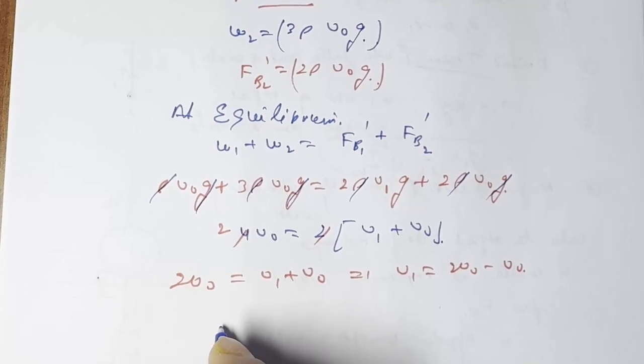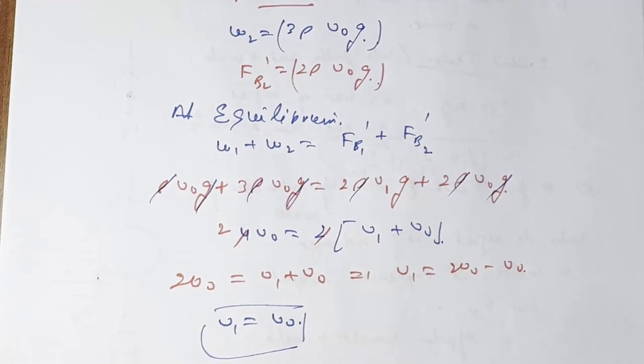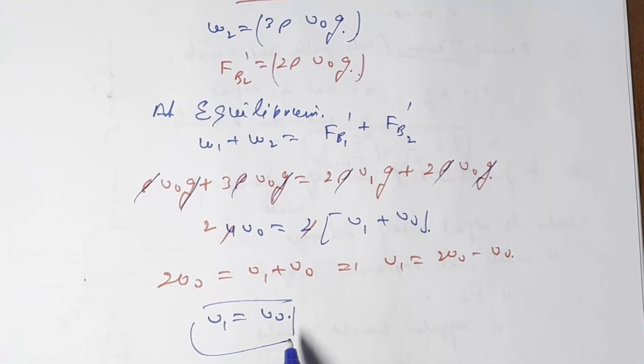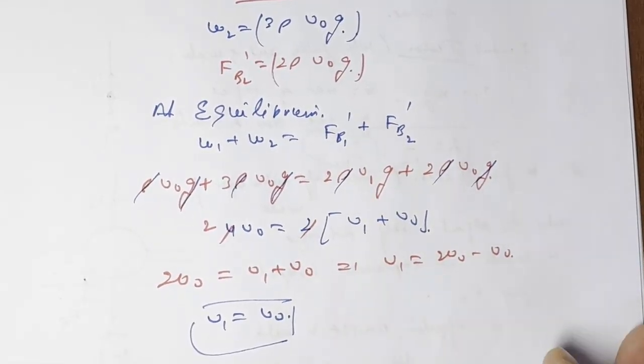The final solution says that V1 is equal to V0, and V0 is nothing but the volume which is completely submerged.